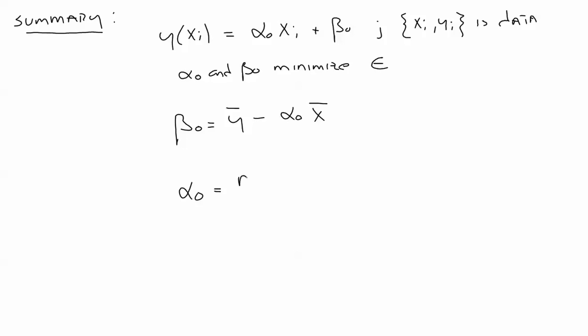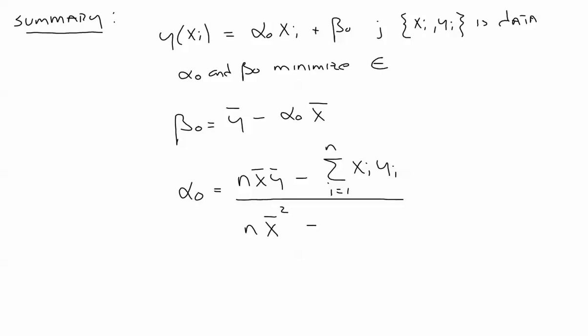is n x bar y bar minus summation i equals 1 to n of x_i y_i, divided by n times x bar squared minus the summation i equals 1 to n of x sub i squared.